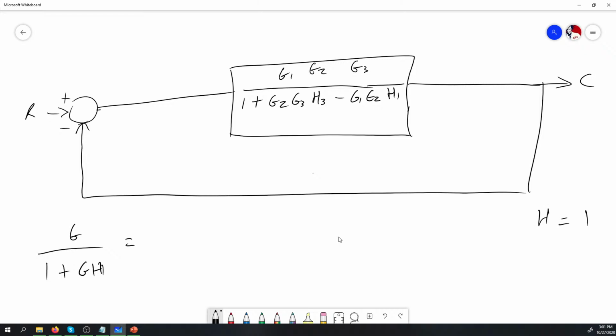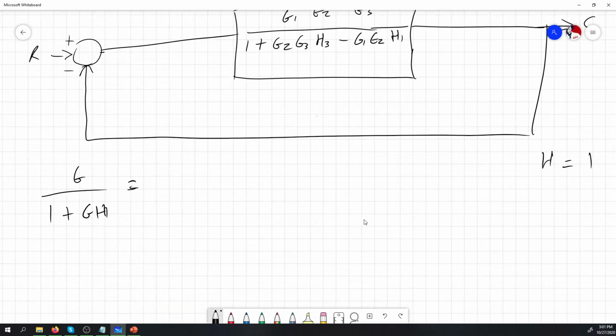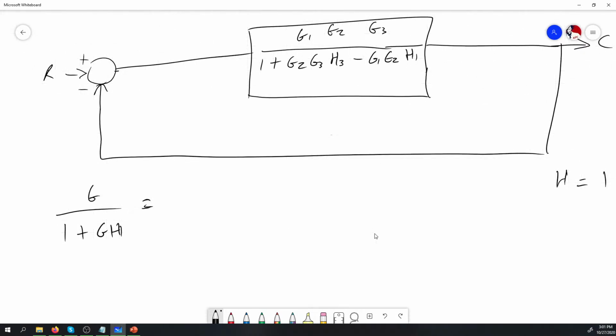So when we substitute this into a negative feedback equation, C divided by R is equal to that, because it's output divided by input.